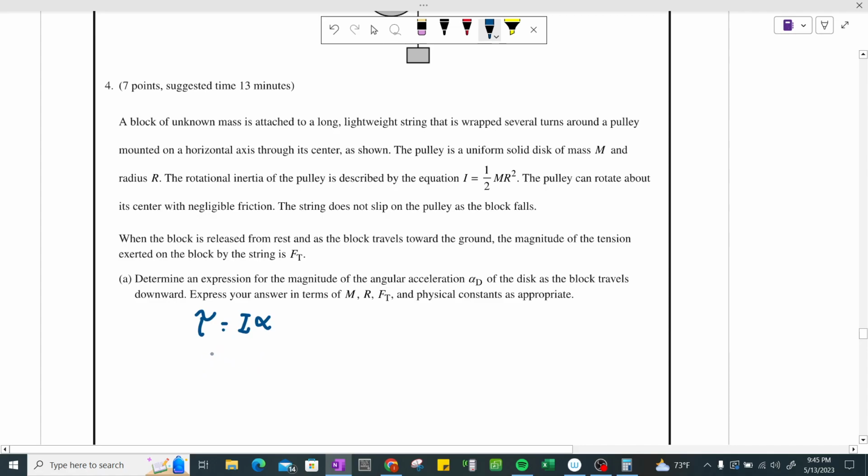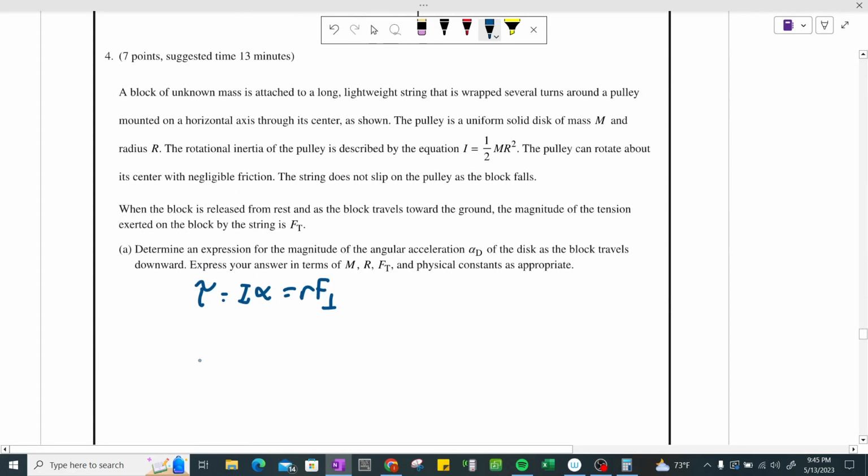My other torque is R F, and it's really R F perpendicular. It's pulling perpendicular to the pulley, so we're good to go on that anyway. I think this is our best starting point because our torque is fully provided by the hanging mass. I think we can agree on that. And since the pulley's axis is not moving, we don't have to worry about anything really weird going on there. So my radius is R, so I could say R, and then my force, does it say what the mass is?